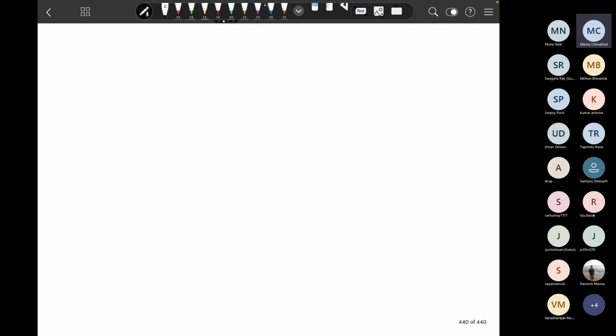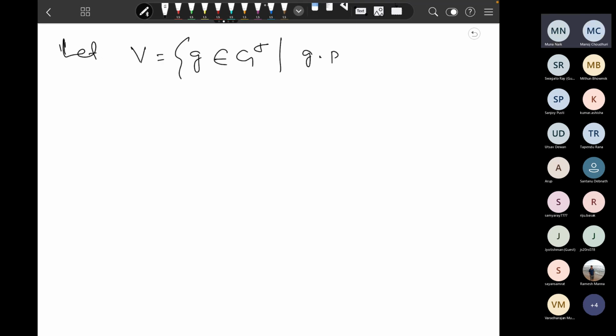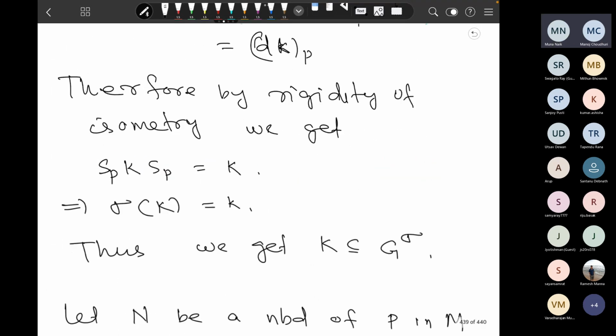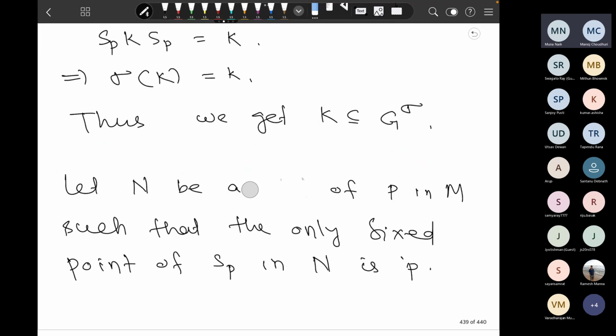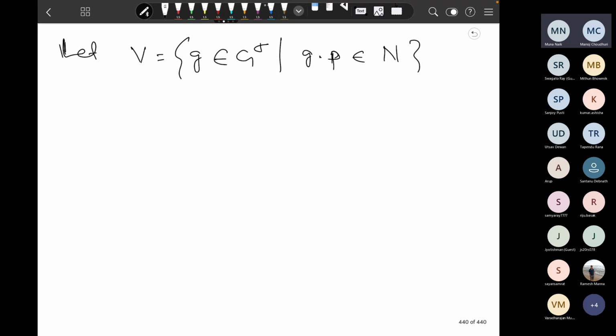Let B be the set of all g belonging to G^sigma so that g dot p belongs to N, and B is an open neighborhood of p. So let N be an open neighborhood.